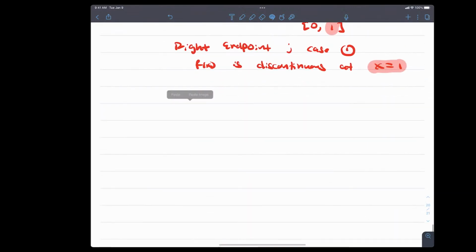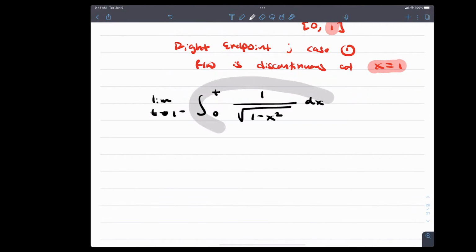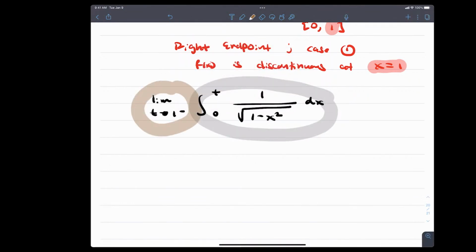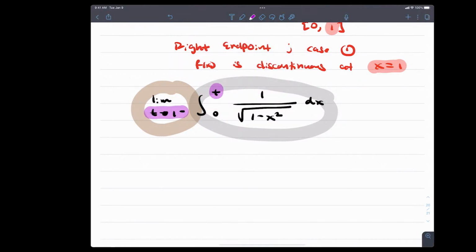I'll emphasize this is where the t is. This is the t.